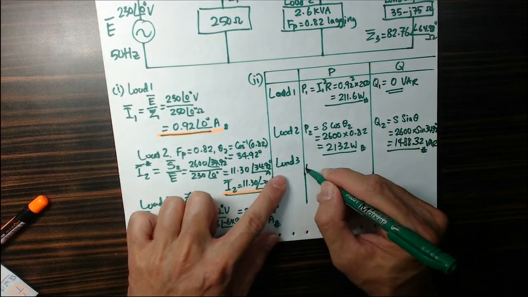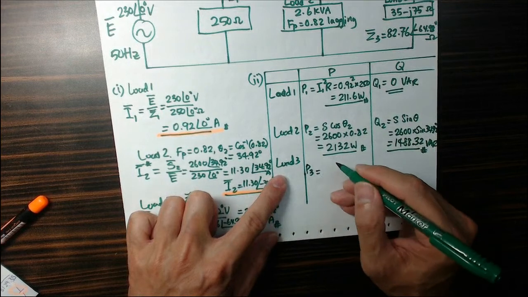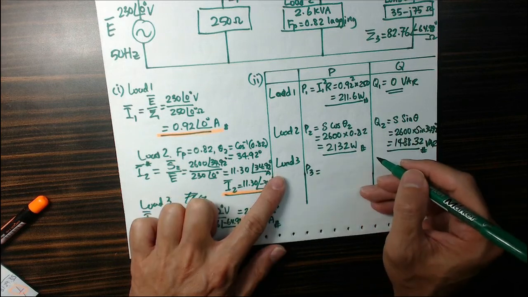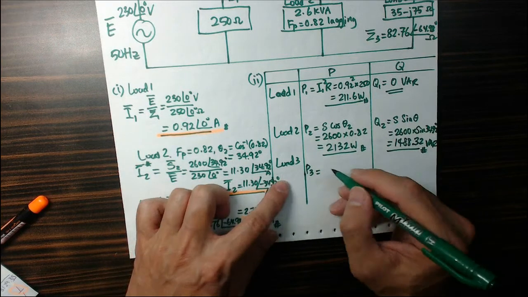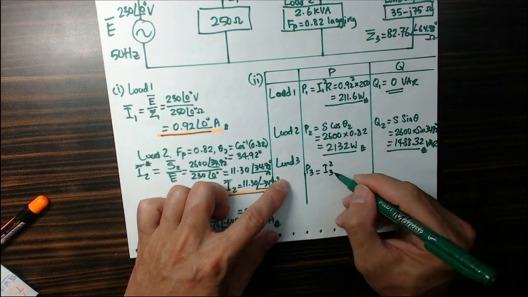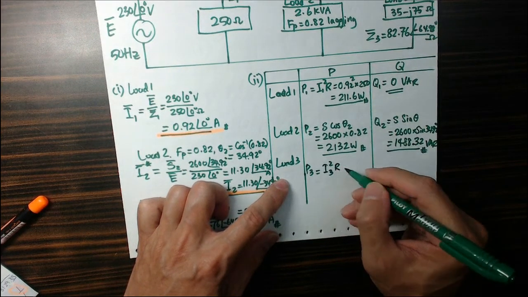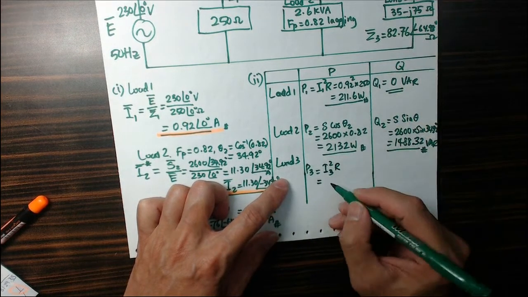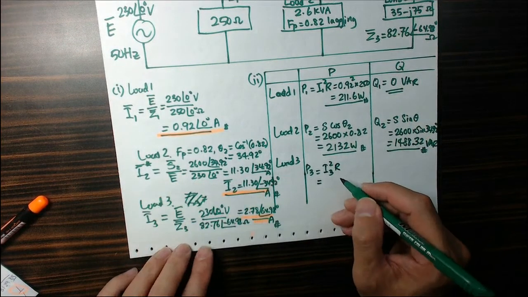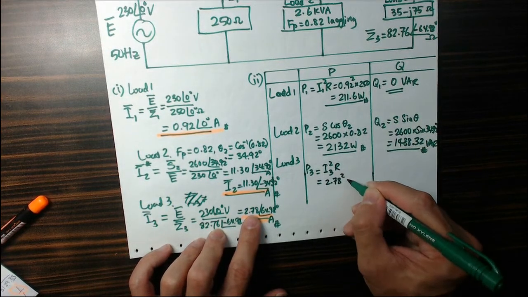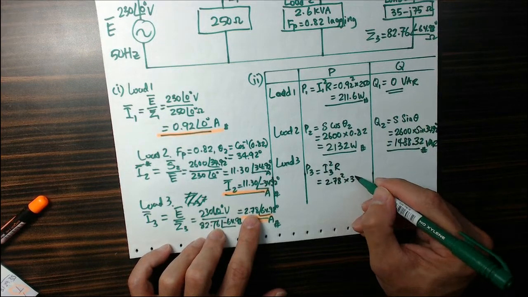And finally, P3 can be calculated using the I squared R method as well. I3 squared. This time the R is from the rectangular version of this number. That means 2.78 squared times 35 ohms.